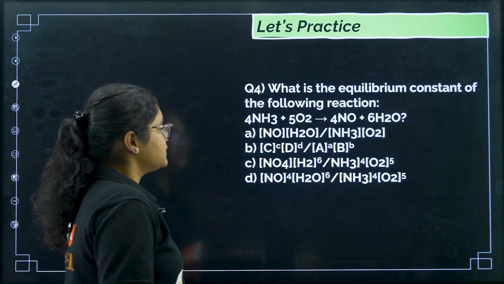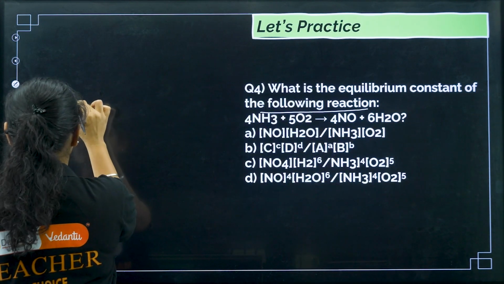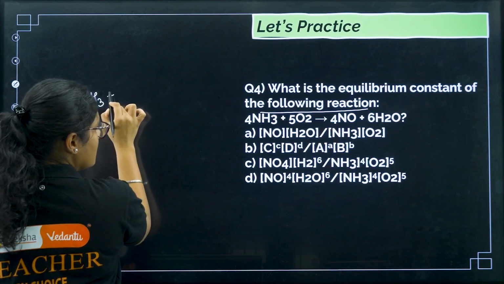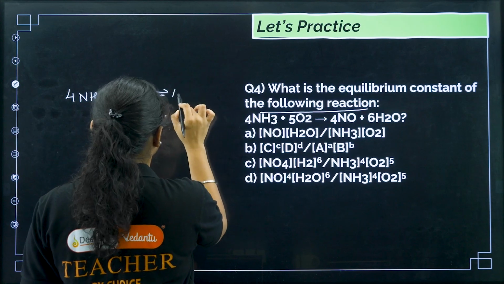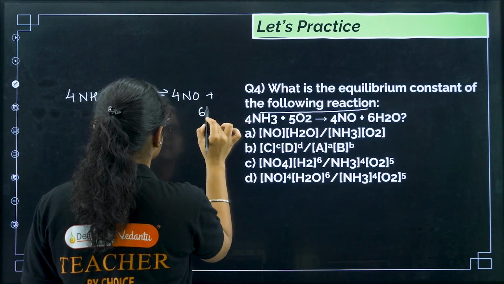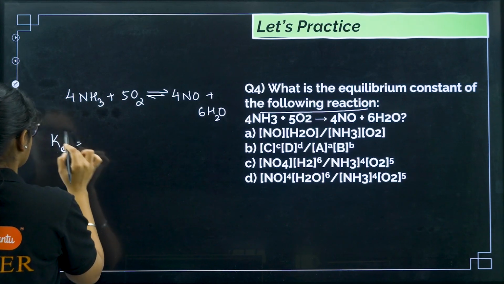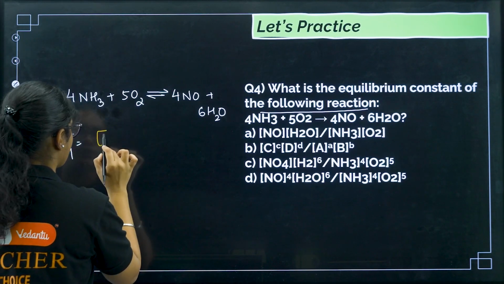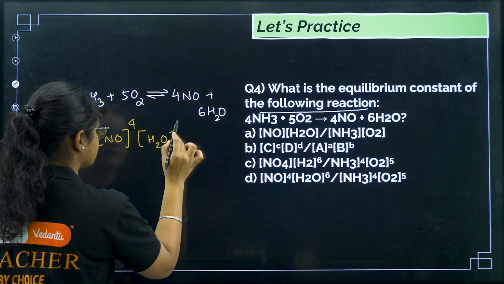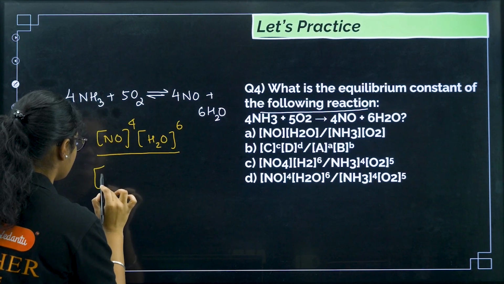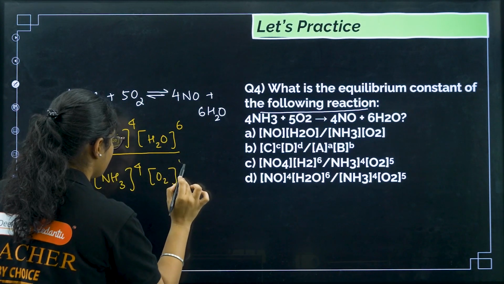Question number 4: what is the equilibrium constant for the following reaction? You have been given 4NH3 plus 5O2 giving 4NO plus 6H2O. To calculate K equilibrium, it will be product concentration over reactant concentration. The product NO to the power of 4, then the other product H2O to the power of 6, divided by NH3 to the power of 4 and O2 to the power of 5.